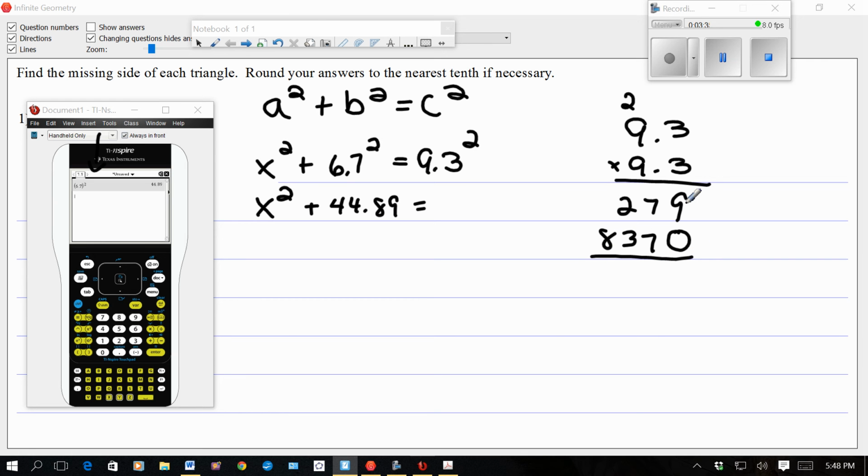Add them up. 9 plus 0 is 9. 7 plus 7 is 14. Carry the 1. 1 plus 2 is 3. 3 plus 3 is 6. And I just have 86. So it's not 8649. Remember, I have a decimal place here and a decimal place here, so I have two decimal places. So it's going to be 86.49.